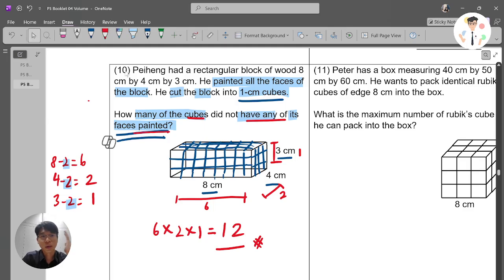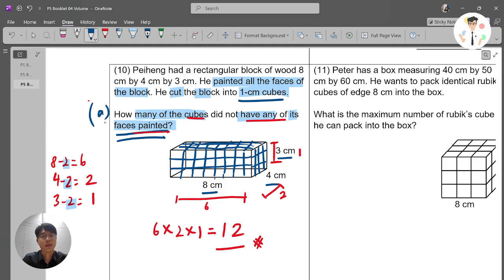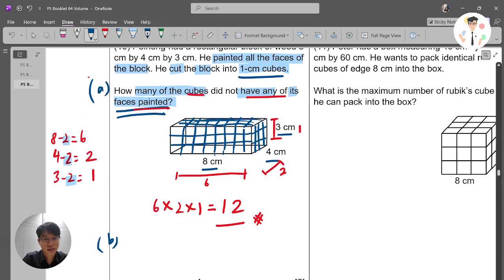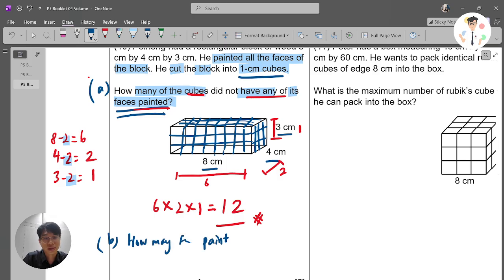But teacher, what if the question say, example, this is part A, I want to be a bad guy, I add part B. How many faces that being painted? In that case, if they ask you how many faces that are being painted, of course you can just find how many cubes total do I have? 8 times 4 times 3. Let me just put up my calculator.